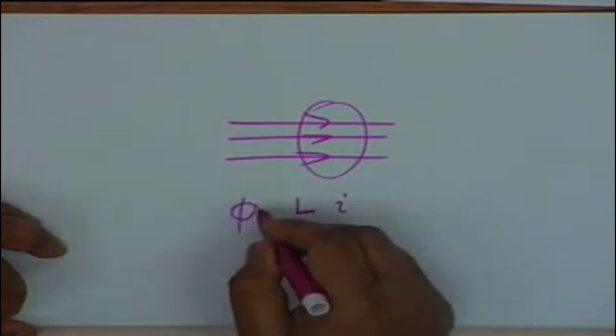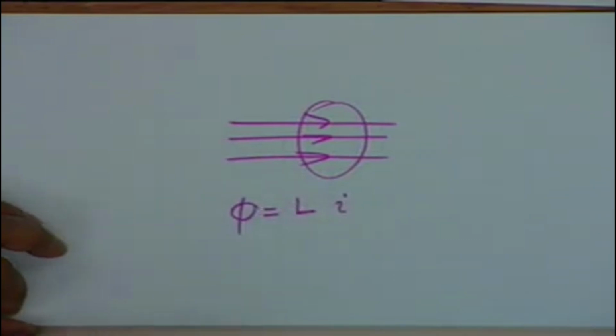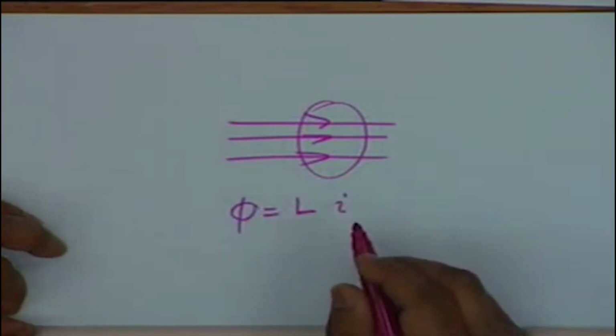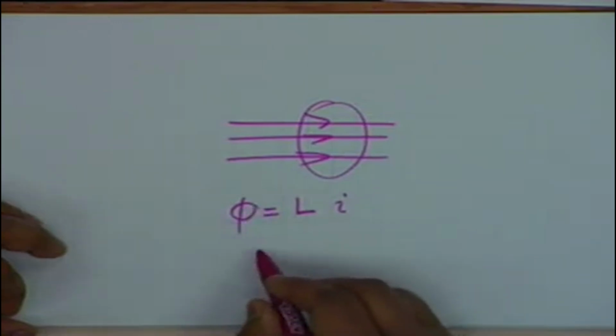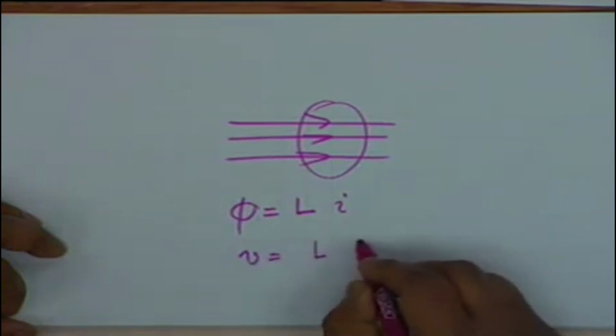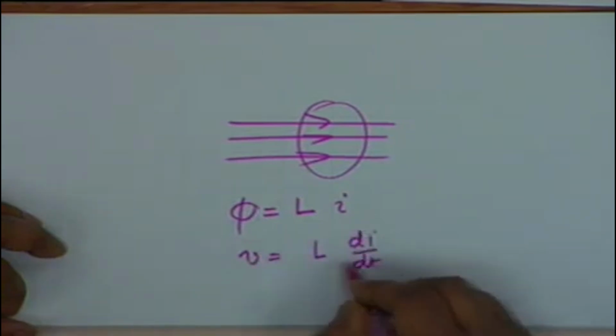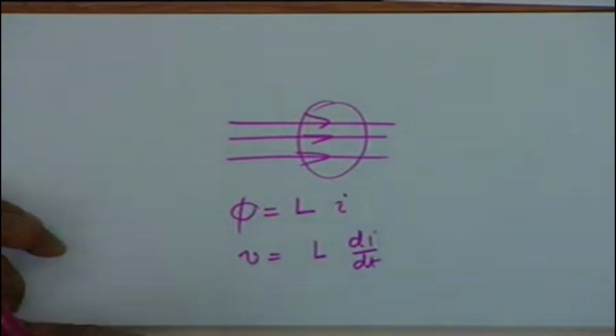So, phi, the flux is equal to Li, and if I varies, if phi varies, the magnetic flux varies, then you know that the inductance develops a voltage across it which is d phi dt, and it is equal to L di dt.